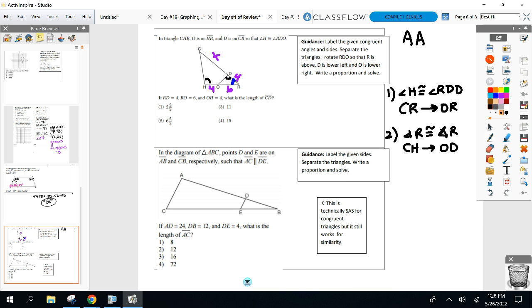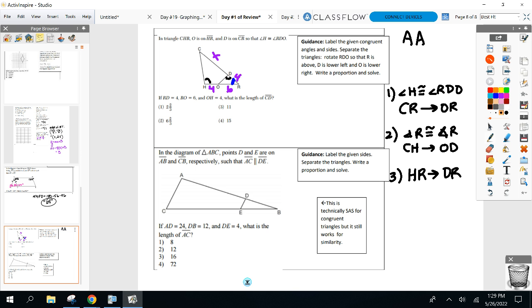That's how I'm finding out they have to be the sides across. So the last pair of sides, what pair am I missing now from the big triangle? HR. HR would have to correspond with the third side we don't have written down in the little one. I have OD, I have OR, I have DR. So those sides match up.